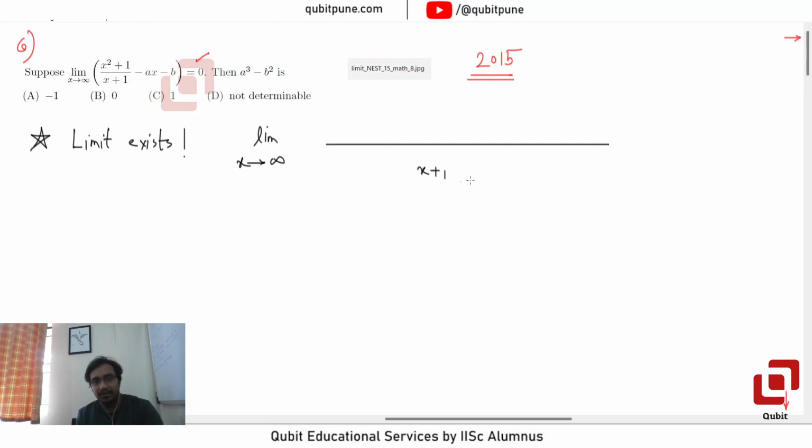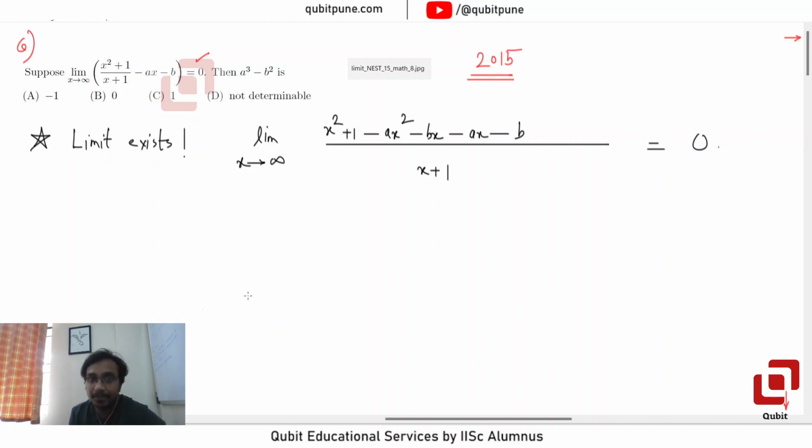Let's take the denominator x plus 1, x squared plus 1 will remain. Now we have to multiply negative ax minus b by x plus 1. So minus ax squared minus bx minus ax minus b, and this is 0. So far we have not done anything, we have just brought that ax plus b thing into the numerator.